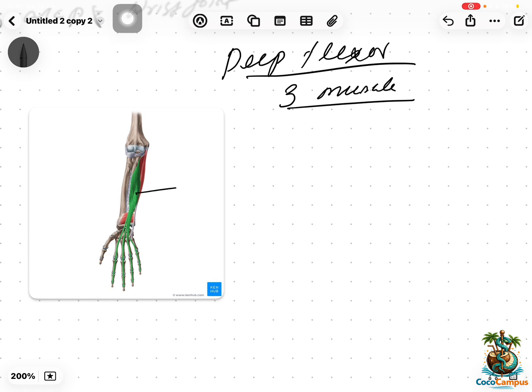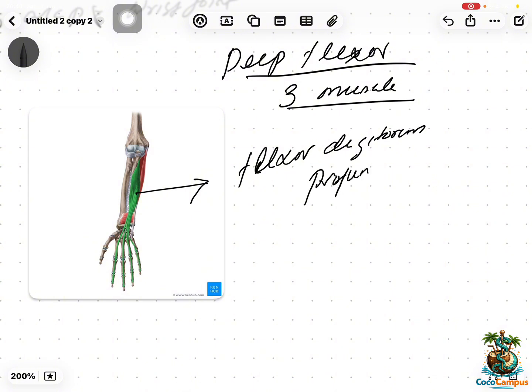You have your flexor digitorum profundus. Basically means your deep flexor digitorum muscle. Flexor digitorum profundus, FDP.